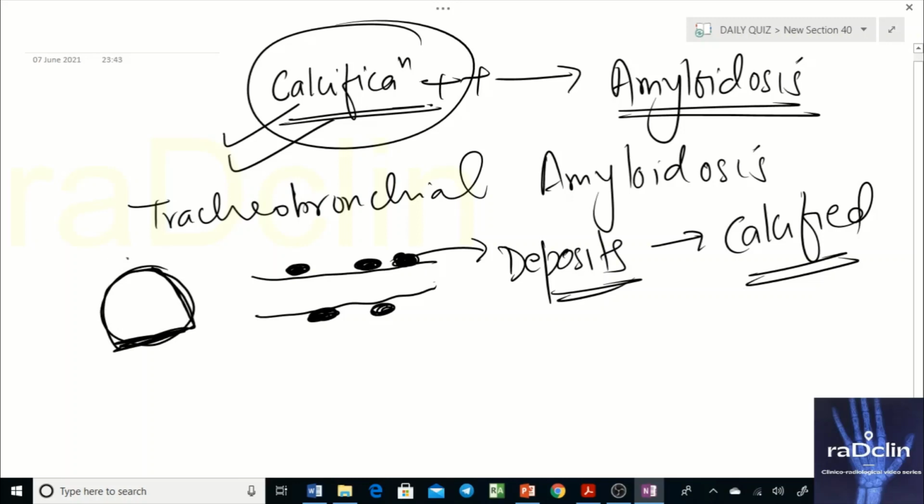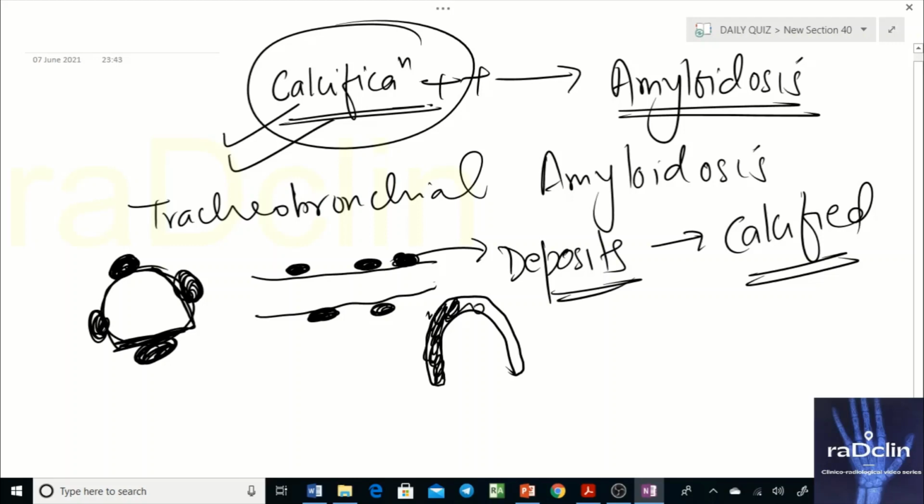These deposits could be seen anywhere, like this. They can even involve the posterior tracheal membrane, or there may be a circumferential thickening.